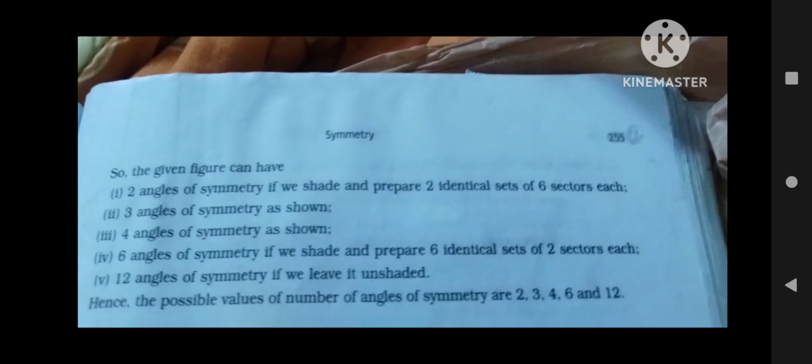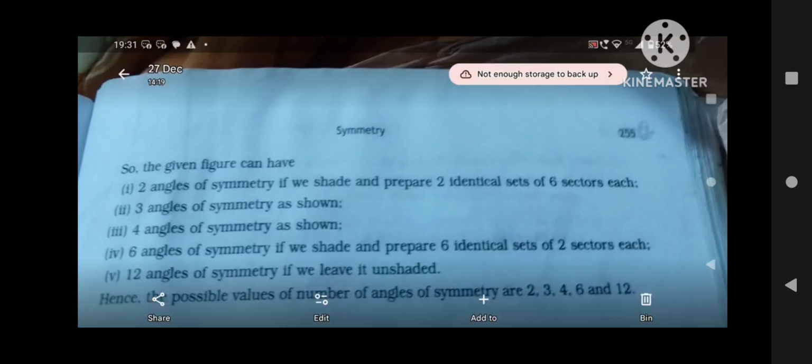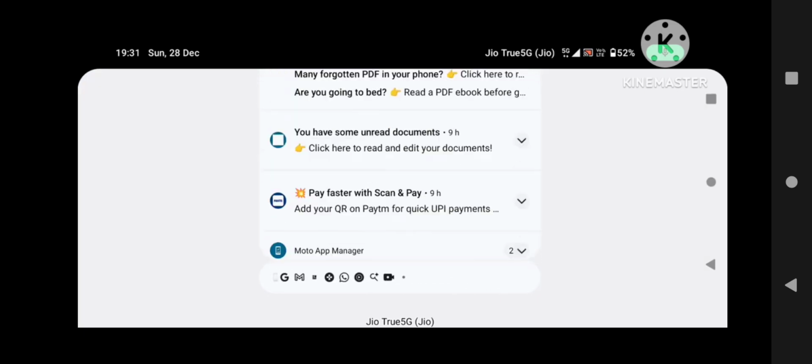So the given figure can have 1. 2 angles of symmetry, if we shade and prepare 2 identical sets of 6 sectors each. 2. 3 angles of symmetry as shown. 3. 4 angles of symmetry as shown. 4. 6 angles of symmetry, if we shade and prepare 6 identical sets of 2 sectors each. 5. 12 angles of symmetry, if we leave it unshaded. Hence, the possible values of number of angles of symmetry are 2, 3, 4, 6 and 12.